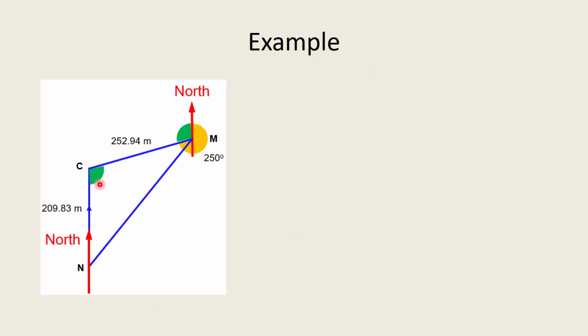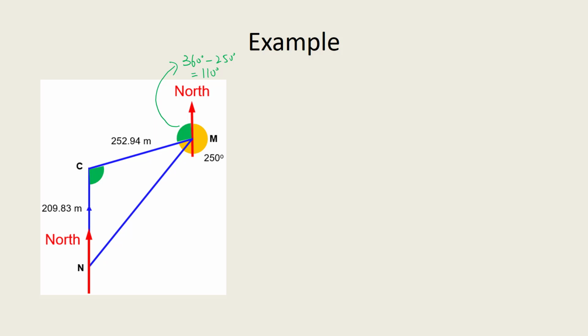Can you find this angle C on your own first? The bearing of C from M is 250 degrees, so this orange angle is 250. That means this green angle here is 360 minus 250, so that will be 110 degrees.